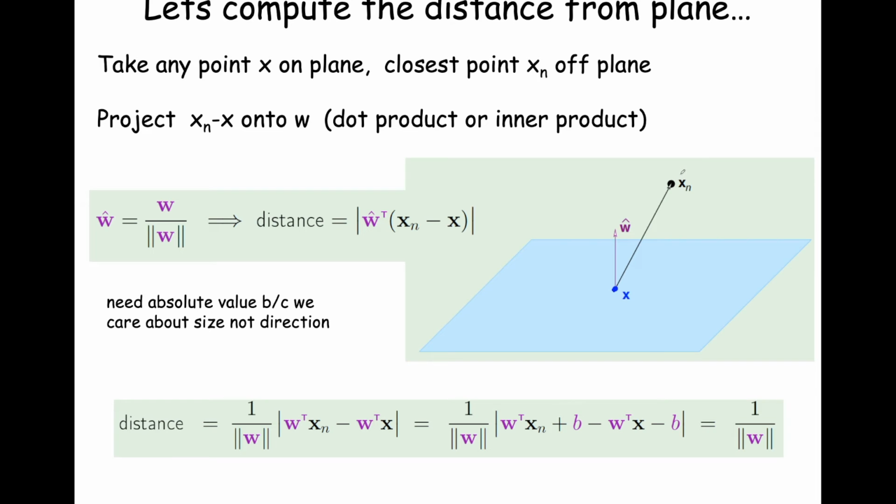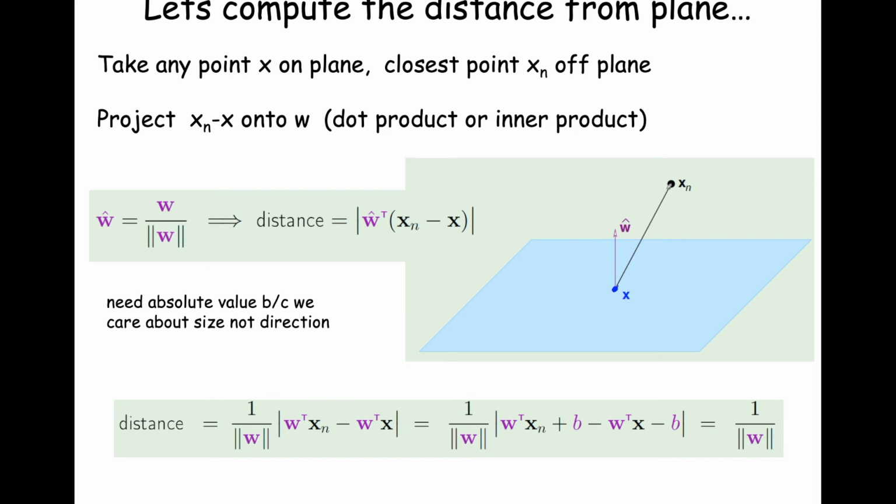It's going to be the closest point to the plane that's off the plane. And so now we can absolutely draw a vector between that on-plane point x and that off-plane point xn. And there's the vector. It's xn minus x. Now this vector leaves the plane because xn is off the plane.